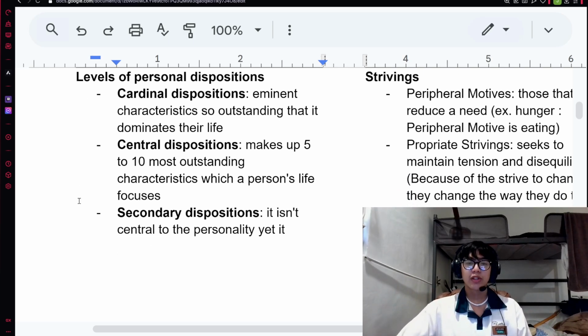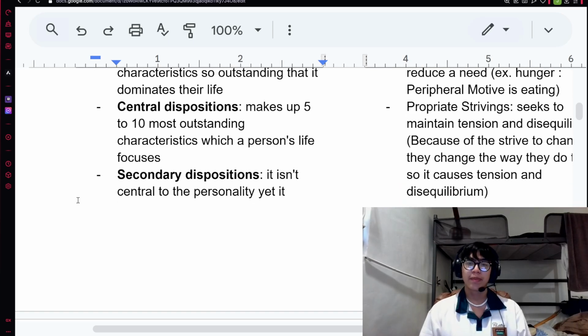Now, let's talk about central dispositions. This basically makes up five to 10 of the most outstanding characteristics on which a person's life focuses. So these are basically certain traits that a person has that make them a whole.